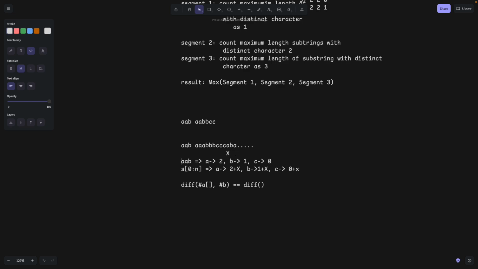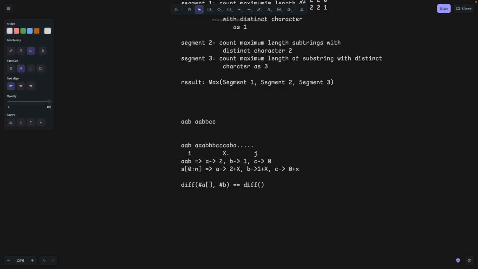So it started at i, and let's suppose i is this index, and it is ending at j.